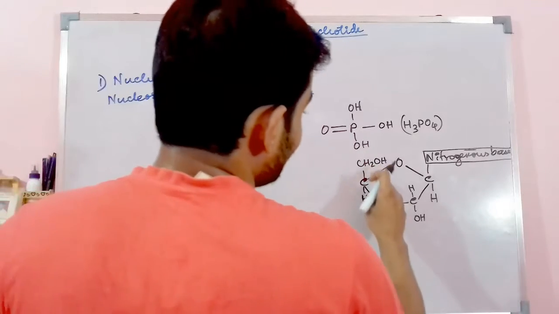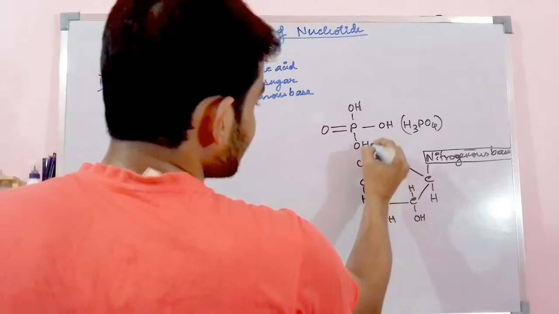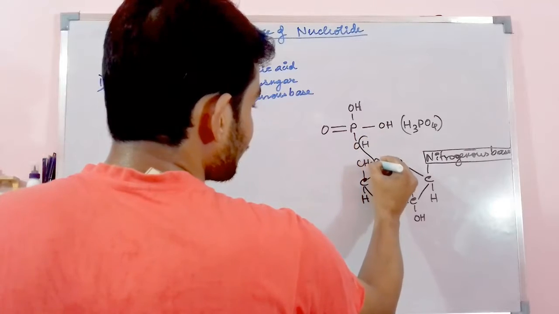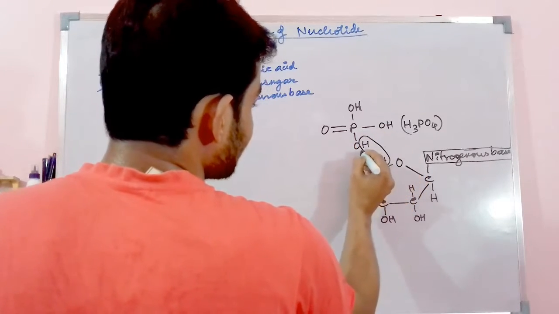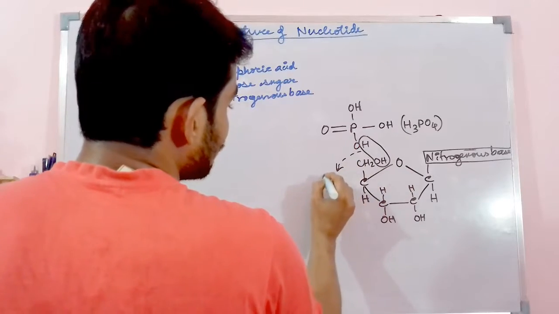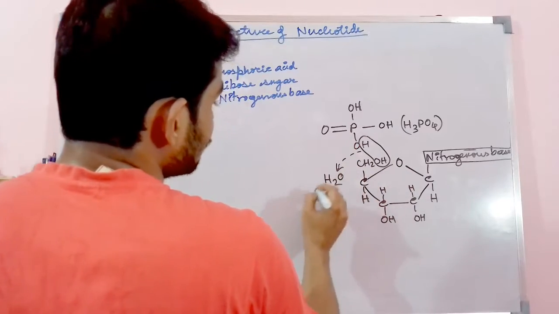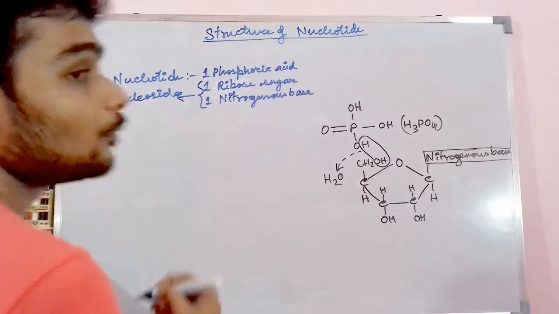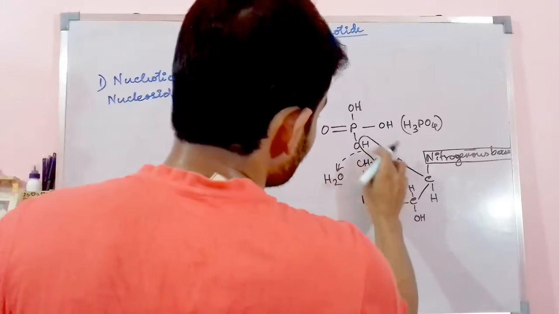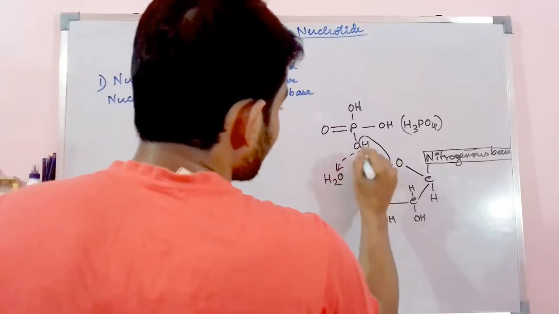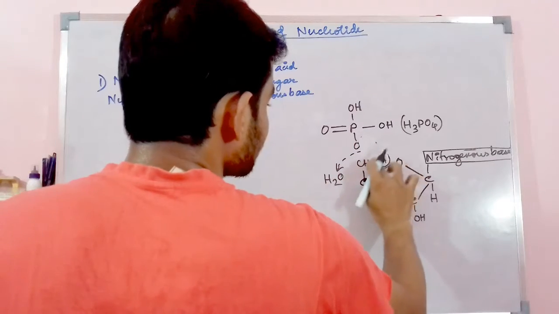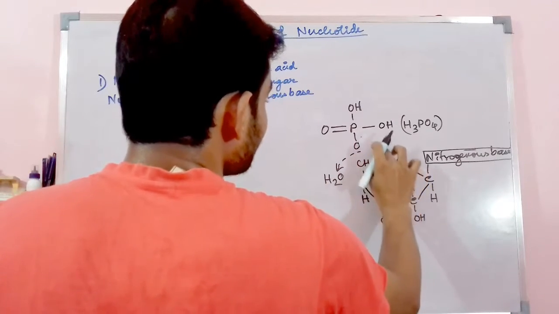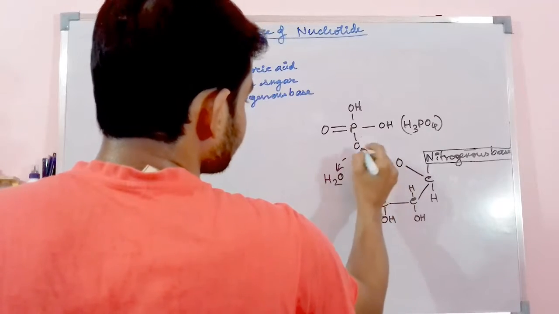Now how is this formed here anyway? This hydrogen and this OH here is being liberated or dropped off as H2O. Okay, it is being removed, and after removal of this H and OH, the bond that is formed here comes like this. The bond formation happens like this.